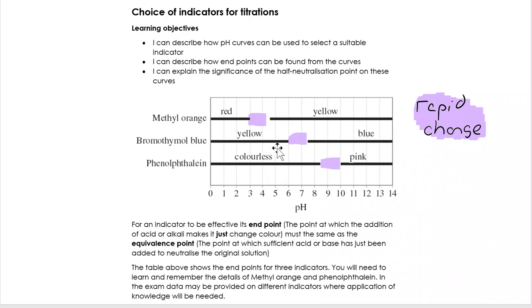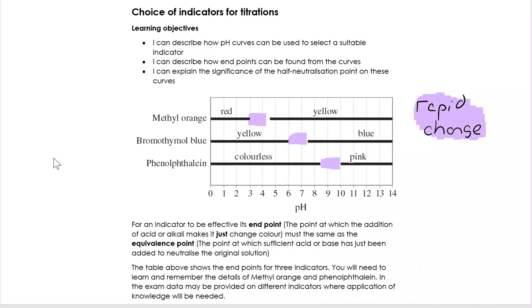You can see, for example, methyl orange, the colour will change in the range of around 3 to 4.7. Bromothymol blue will go from 6 to about 7.5, and phenolphthalein's change will be about 8.5 to 10.